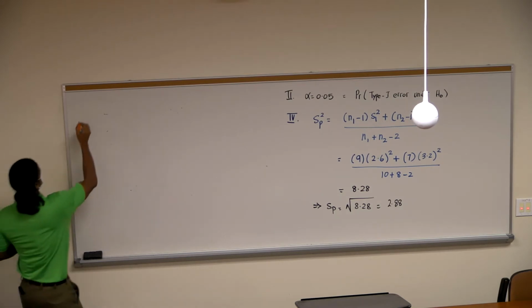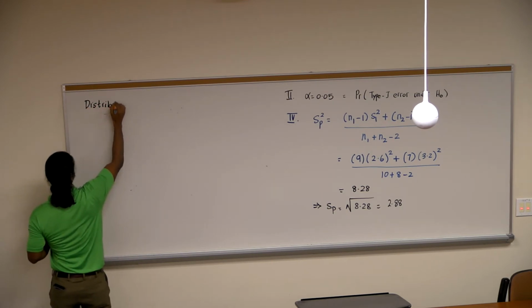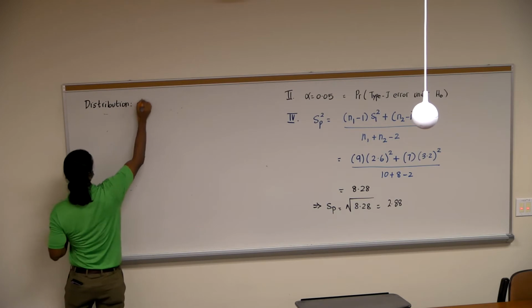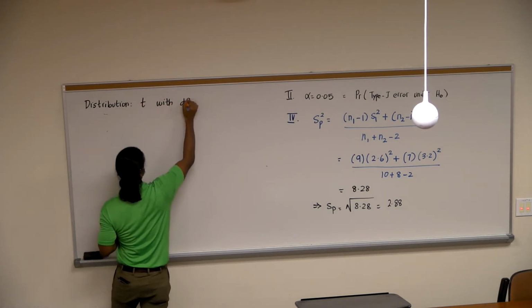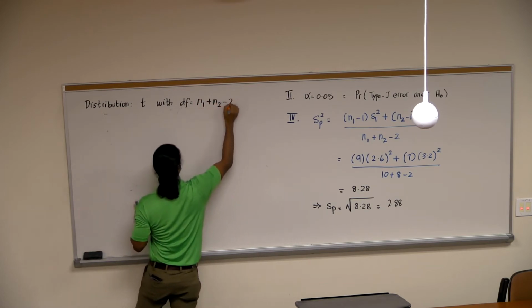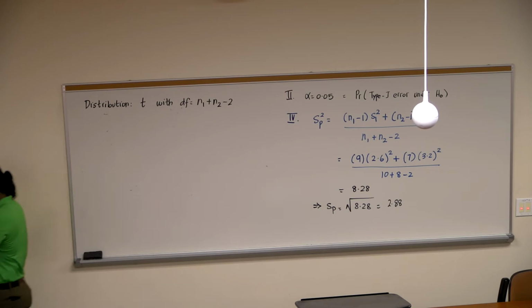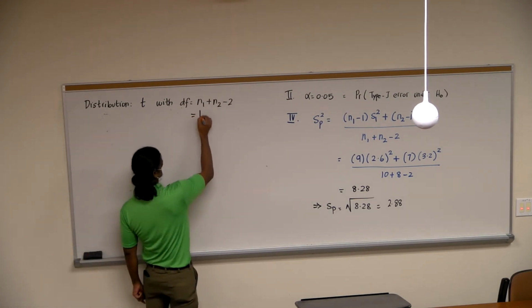Here, the distribution is t, with the degrees of freedom equal to n1 plus n2 minus 2. We know n1 is 10, n2 is 8, and 10 plus 8 minus 2 is 16.